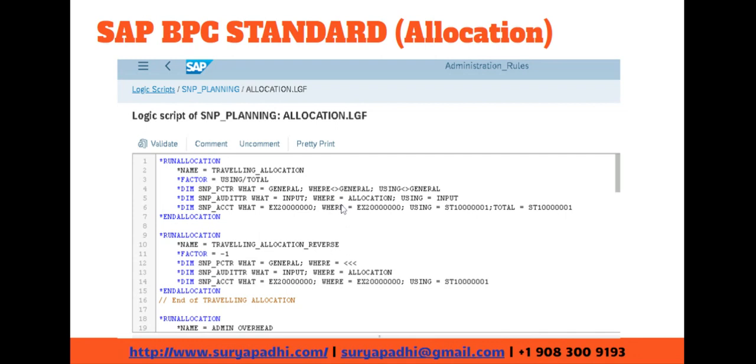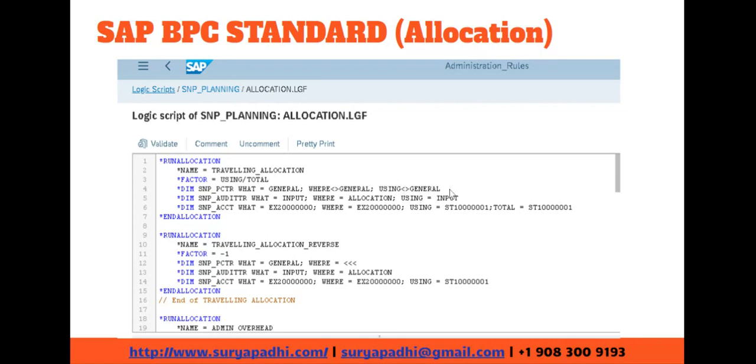Where is it going to write? So here I'm telling the system to write to the other profit centers which are not equal to general, with the audit allocation, and to the same expense account.